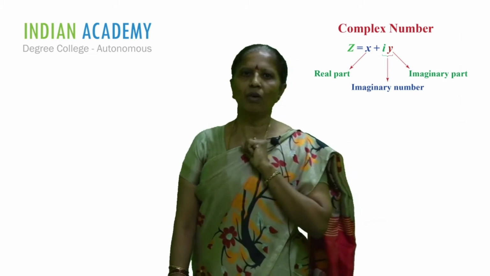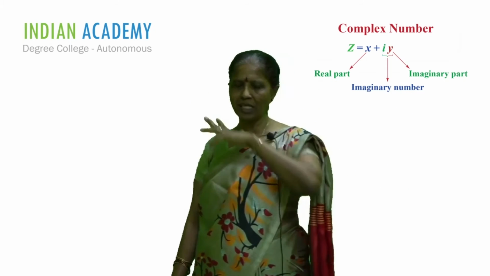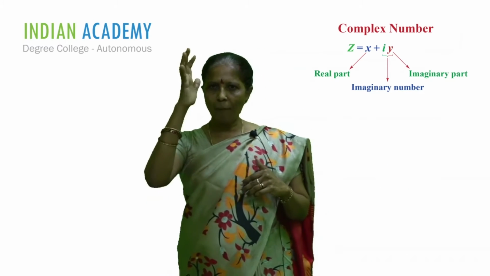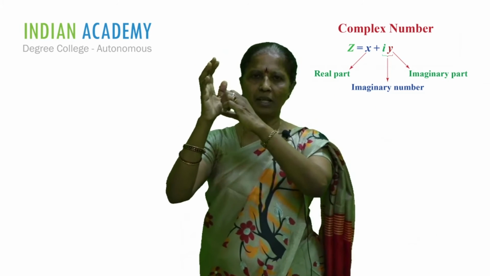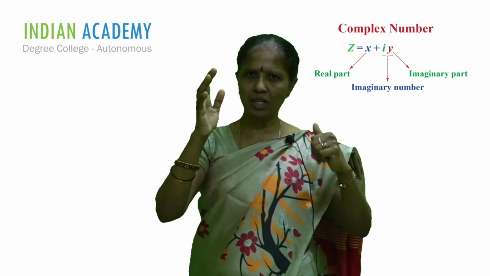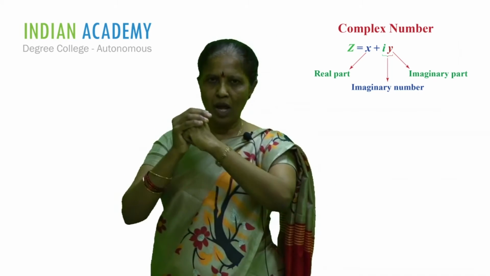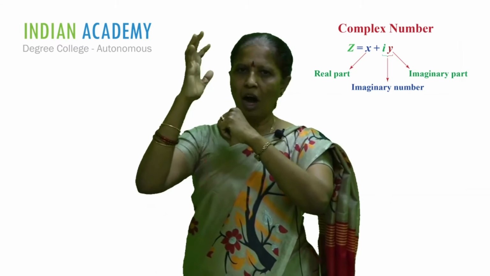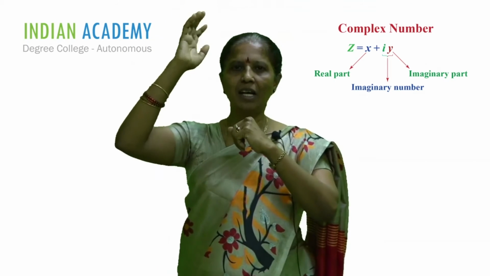Right? So, clearly what we could observe in these number systems is that complex numbers include all the other types of numbers, that is natural numbers, integers, rationals, irrationals as well as real numbers. So, as of now, complex numbers is said to be the universal set, that is the highest set.